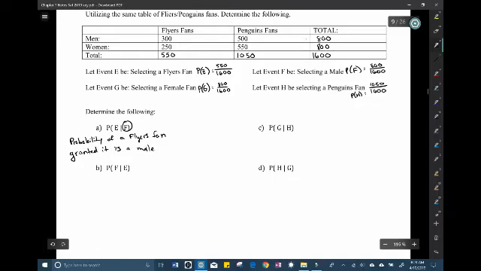That essentially is what it is asking you. So E and F is up top. So the probability of E and F. That means it's a Flyers fan and a male.